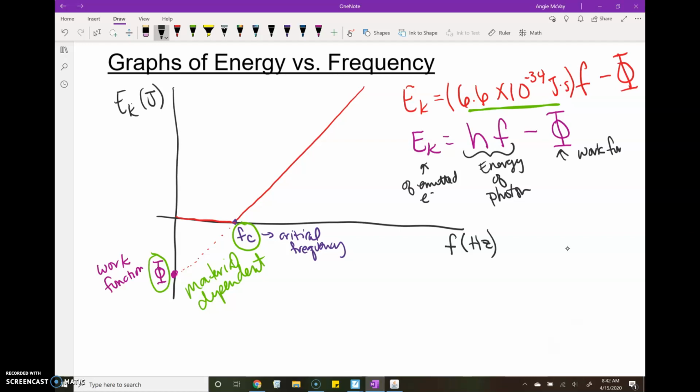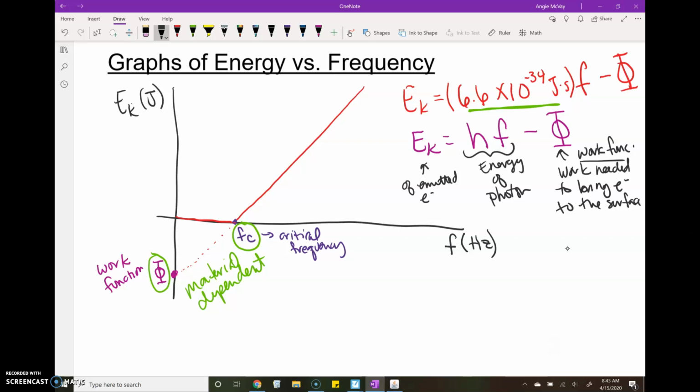Right, and it's the work needed to bring the electron to the surface of the material and ready to actually do some moving.